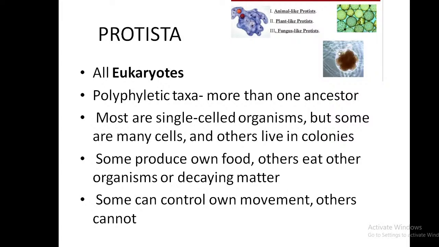Monera are prokaryotes, but from Protista upwards, all organisms are eukaryotes. Eukaryotes means they have a true nucleus, and they have membrane bound cell organelles.